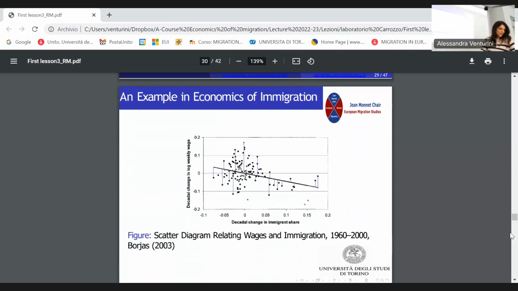This figure shows the relationship between the decadal change in immigration share and the decadal change in log weekly wage. As we can see, from a general point of view, an increase in the decadal change in immigrant share determines a decrease in the weekly wage.